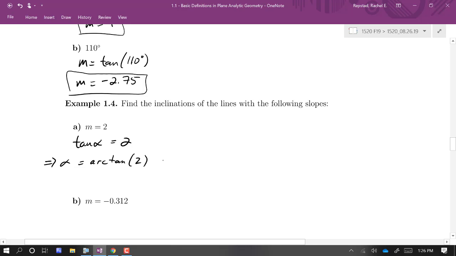You might be more familiar with this notation. I tend to use the arc notation a little bit more because some people are tempted to interpret the inverse notation like it's an exponent, and that's definitely not what it is. Are they any different? They're just different notations for the same thing.